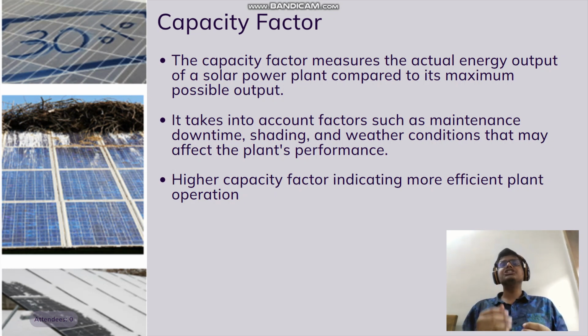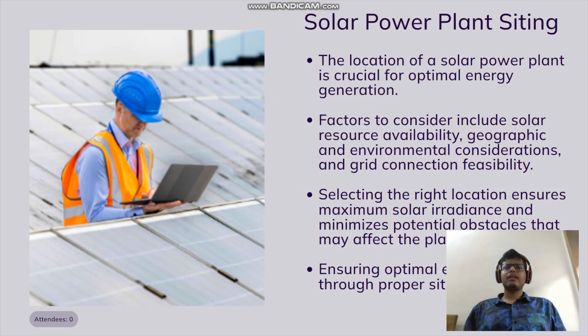In weather condition, we have situations like when snowfall occurs on the solar panel, as shown in the figure, then the efficiency of the solar panel reduces. A higher capacity factor indicates more efficient plant operation. The maximum capacity factor of a solar power plant can be 1.